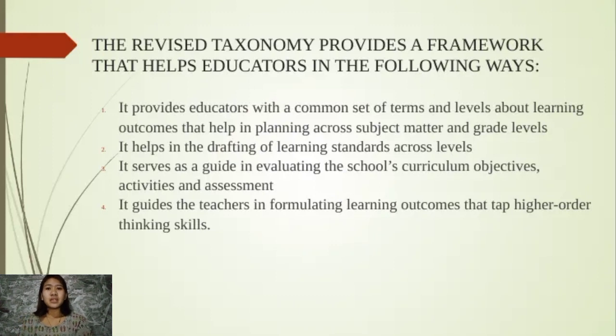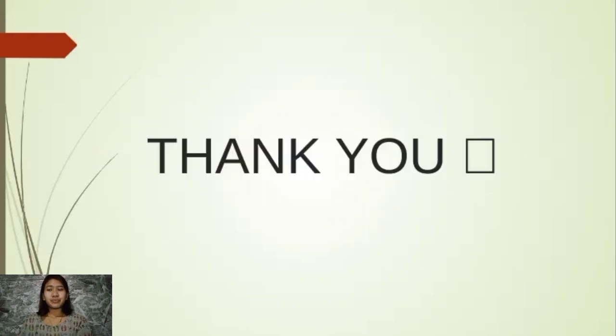Two, it helps in the drafting of learning standards across levels. Three, it serves as a guide in evaluating the school's curriculum objectives, activities, and assessments. The last one is number four. It guides teachers in formulating learning outcomes that tap higher order thinking skills.